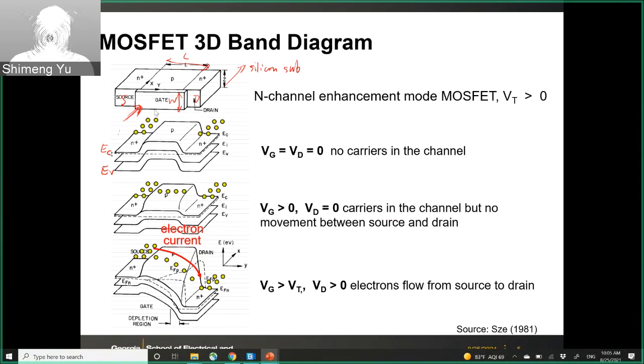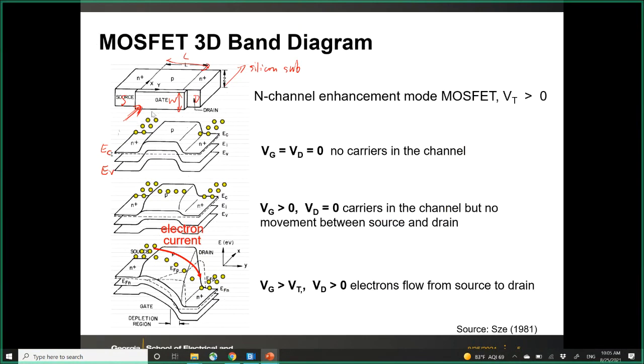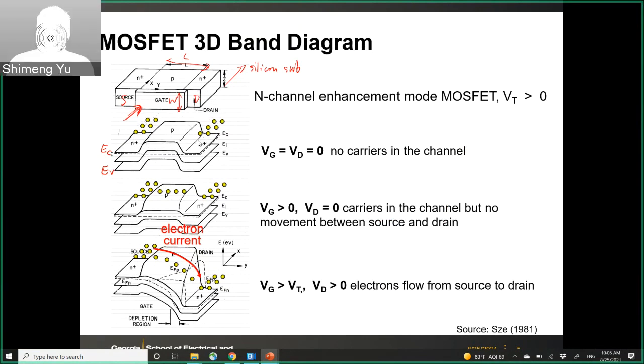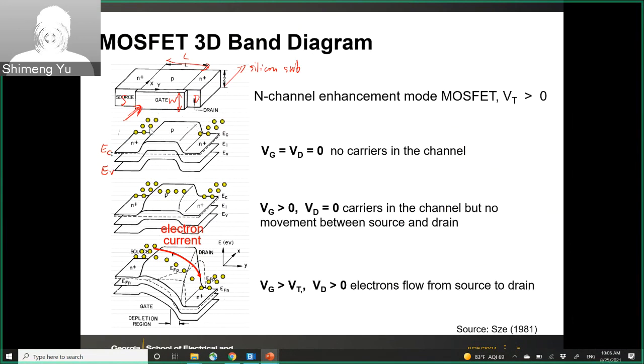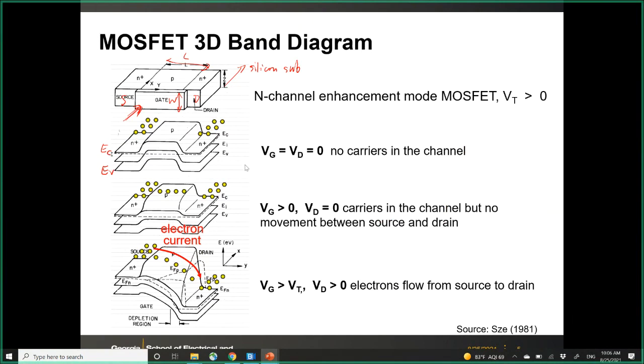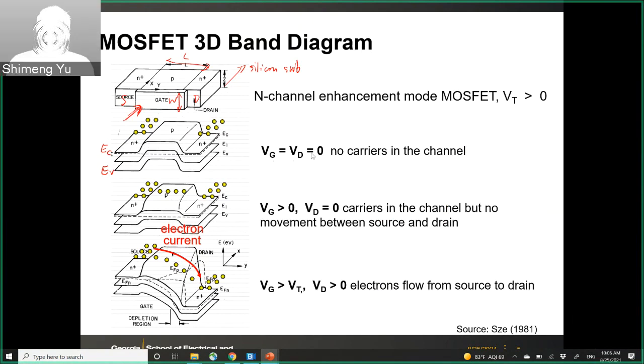Basically electrons are stored in the source or the drain. In the channel you don't have electrons when the transistor is off. So this is the initial state. Those balls are electrons. You can think of the source and drain as full of electrons, but there are no electrons in the channel when Vg equals Vd equals 0.